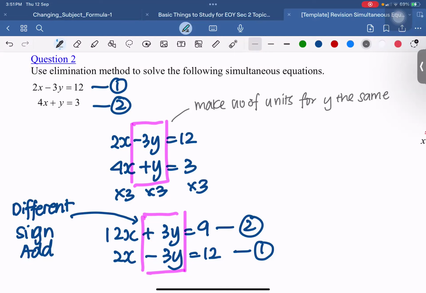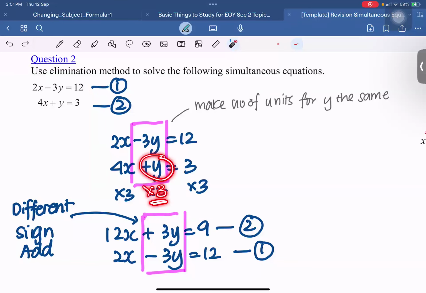So in order for me to do that, what do I need to do? This is y, this is 3y, although it's negative. I'm going to multiply by 3 to make it become 3y.